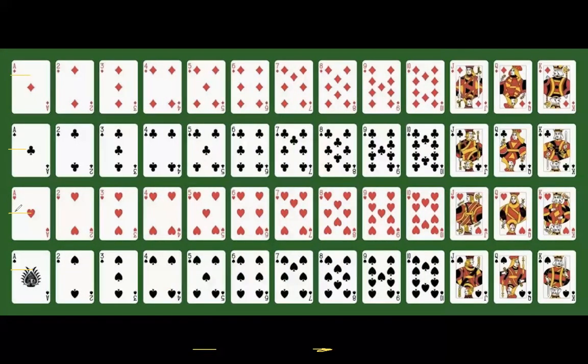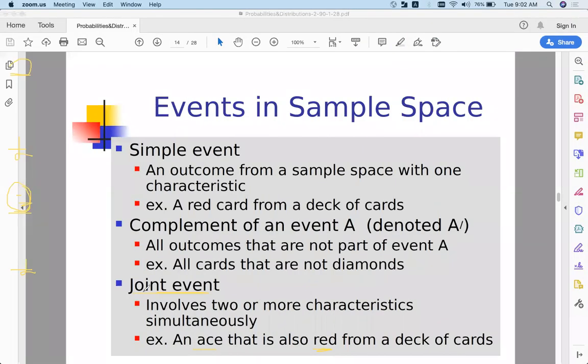So these are the two ones. This one is one, and this one is one. Since the others are black, they are not your required ace. So these are the two characteristics we are looking at: one characteristic is the ace, and one characteristic is the color. So this is a joint event. This is where I think you guys are having confusion.